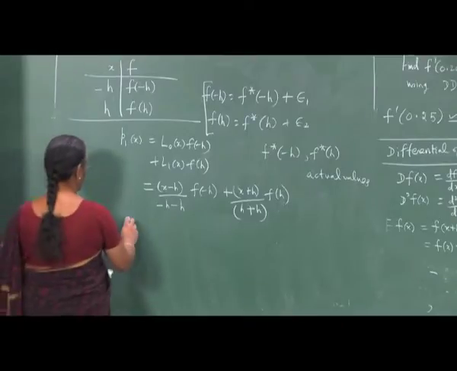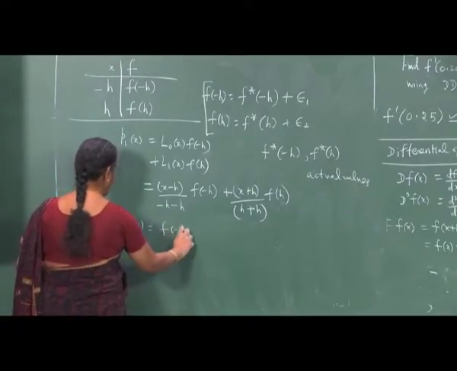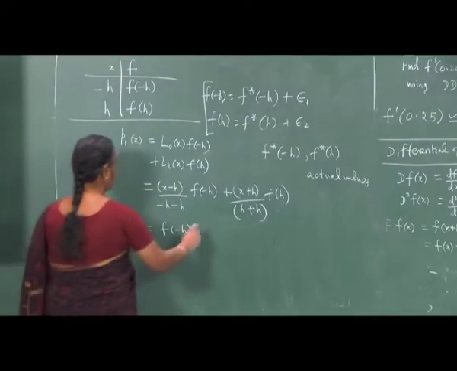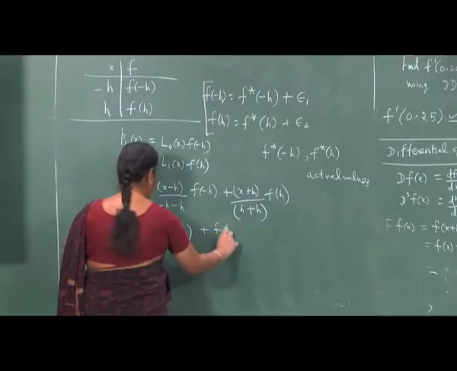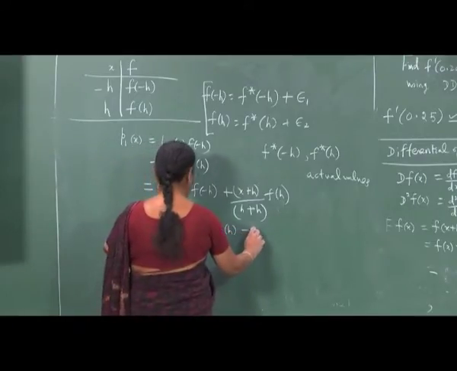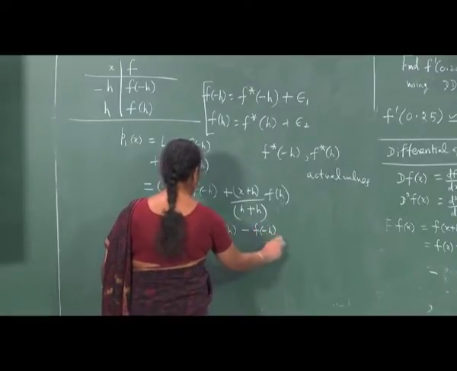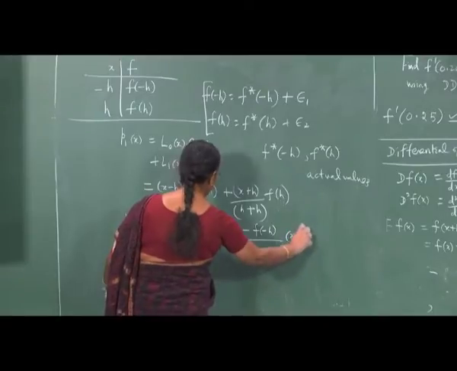P1 of x is equal to f of minus h plus f of h minus f of minus h divided by 2h into x plus h.